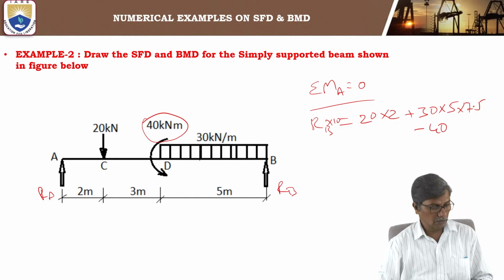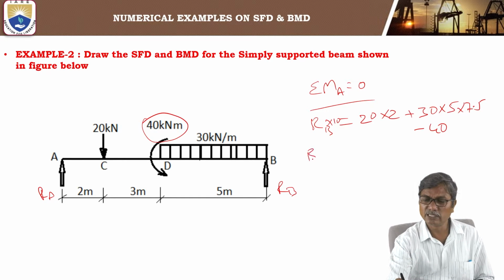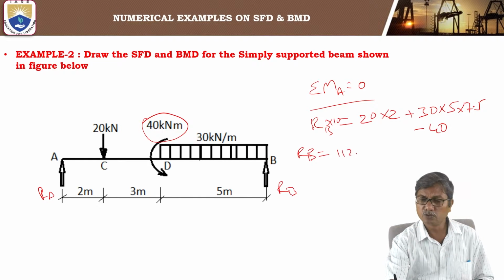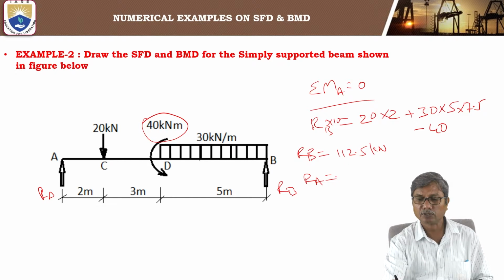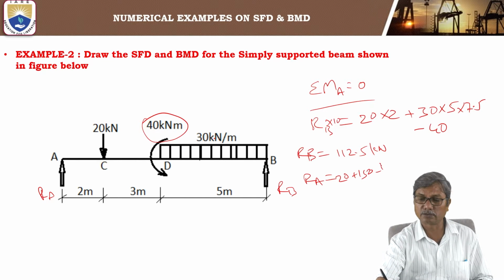So the reaction at B is obtained as 112.5 kilonewtons, and the reaction at A is 20 plus 150, where 150 is the total UDL, minus RB.